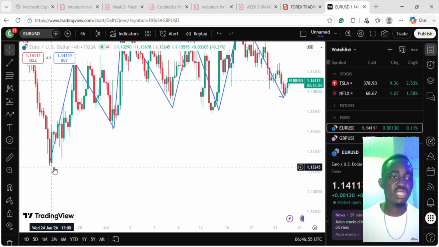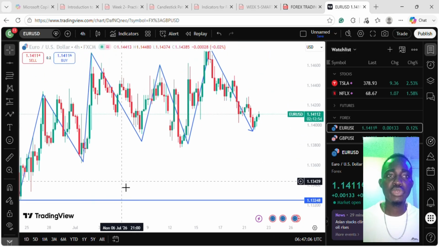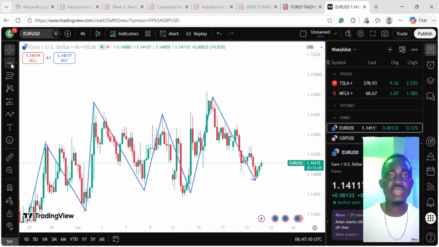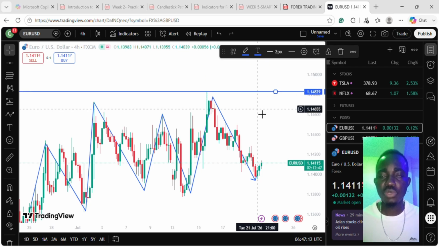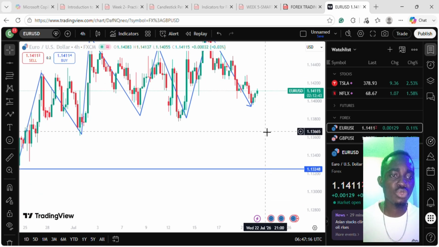Remember, this is the lowest point that we were in June 2026-24 on a Wednesday. So for example, you mark your low, and then the highest point this market reached recently is at this level.